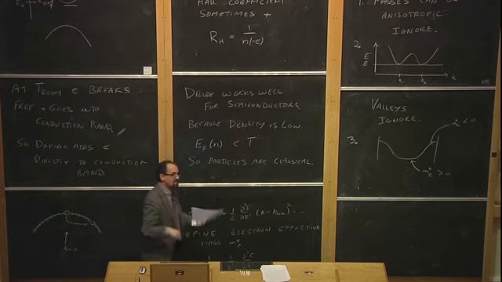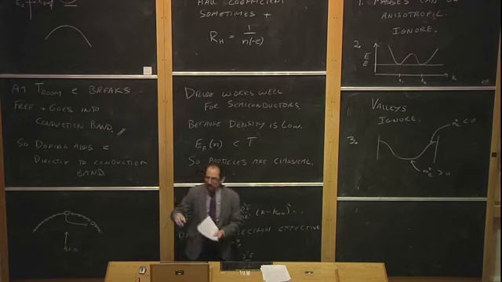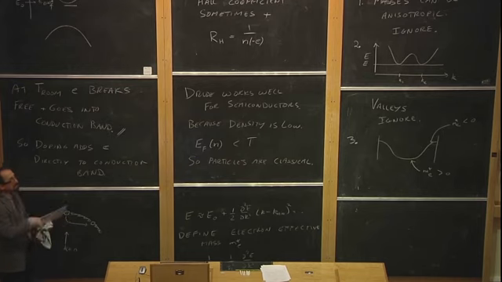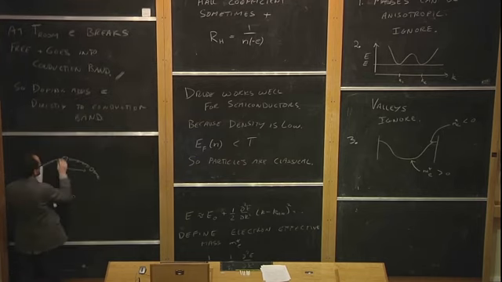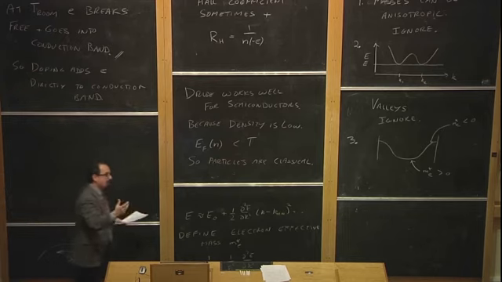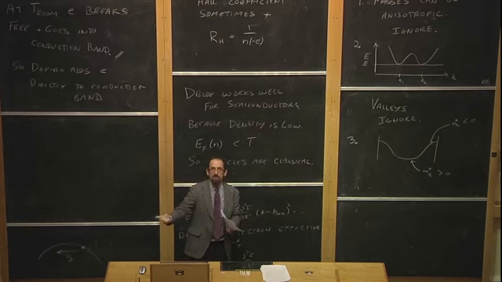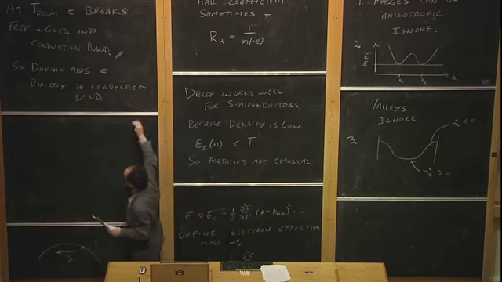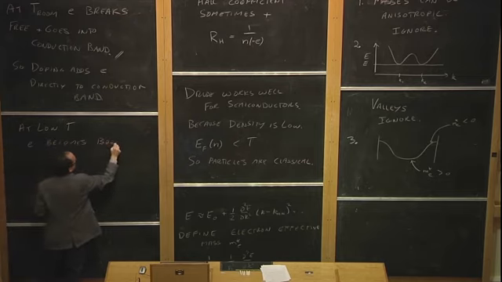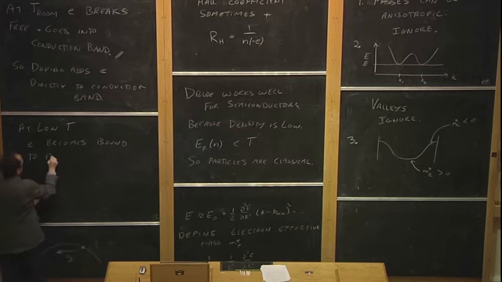Or similarly, if you did the same thing with holes, when you add in the hole, it would form a bound state to the negative charge on the nucleus that we left behind. We were putting in a boron or an aluminum or something. And at finite temperature, that hole breaks free of its nucleus and runs off into the valence band. However, at low temperature, the electron becomes bound again to the dopant nucleus.